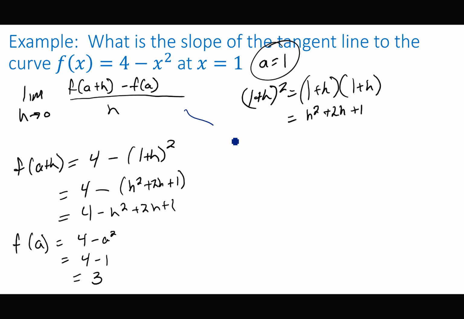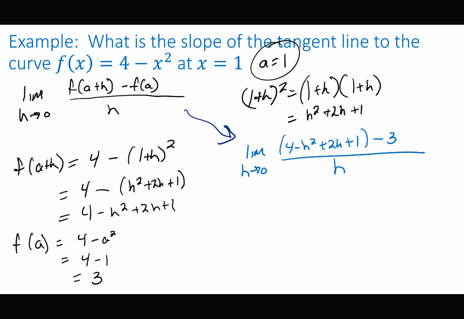So let's use all of that here in our limit definition. So my limit as h approaches 0 of f of a plus h, which I found, was 4 minus h squared plus 2h plus 1, all of that minus 3, divided by h.